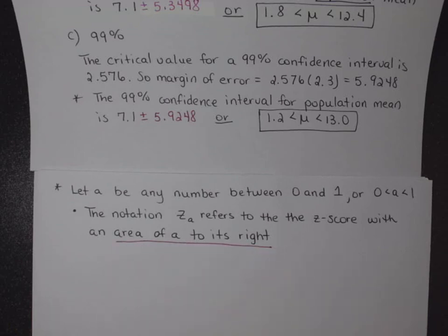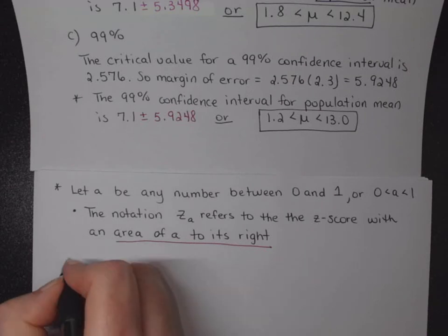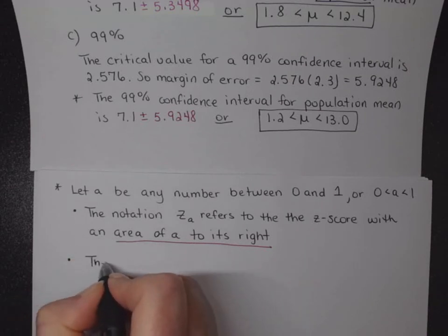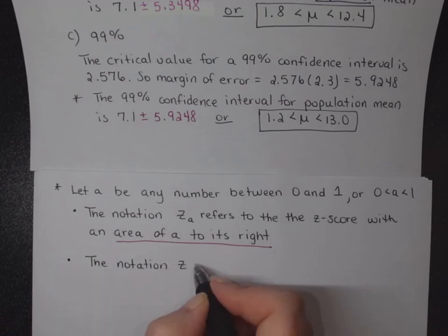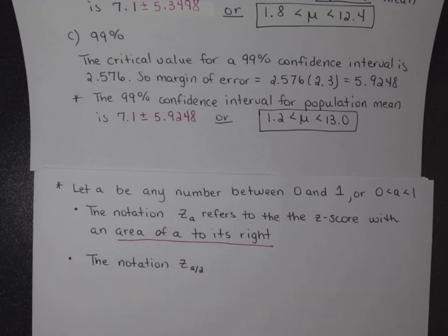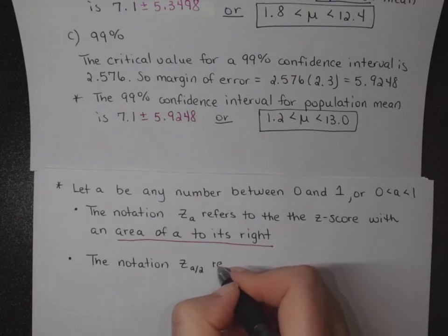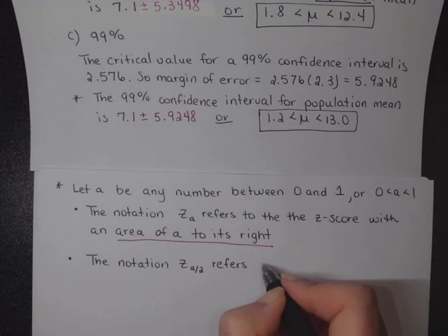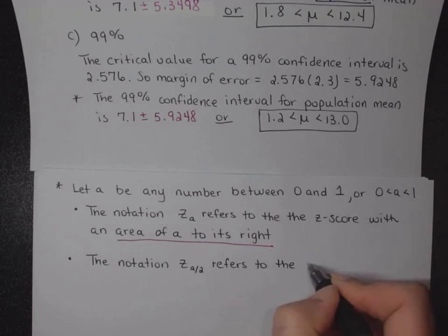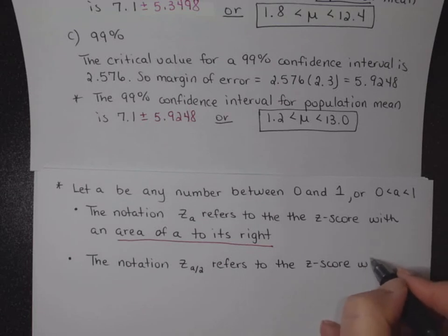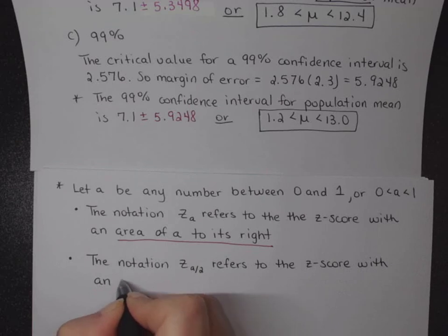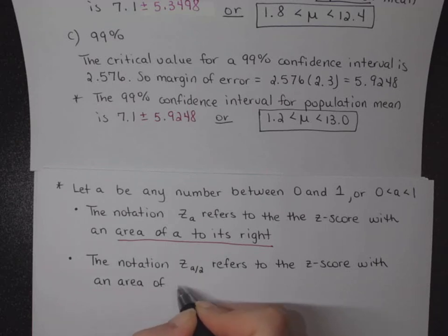Notice right rather than left in this case. The chart normally reads left. However, the notation Z sub A over 2 refers to the z-score with an area of A over 2 to its right.